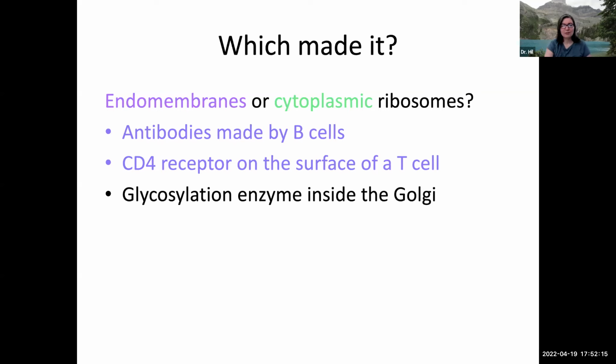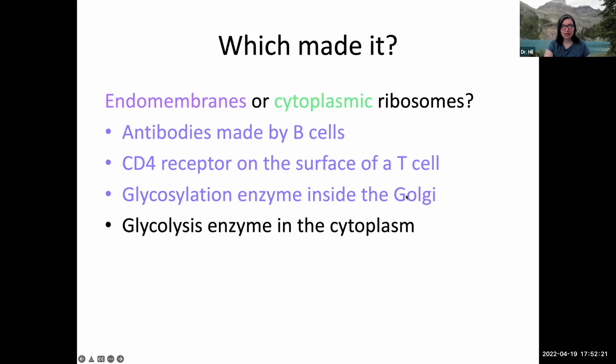Okay, so a little bit split here. So this one is definitely endomembrane. So you want to end up in the Golgi. So you're going to start by going through the ER first and then being sent to the Golgi.